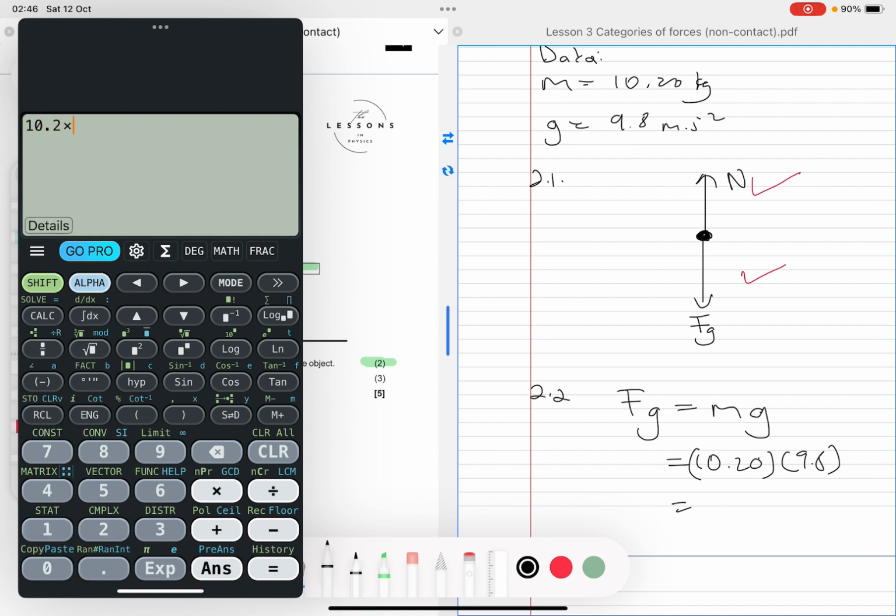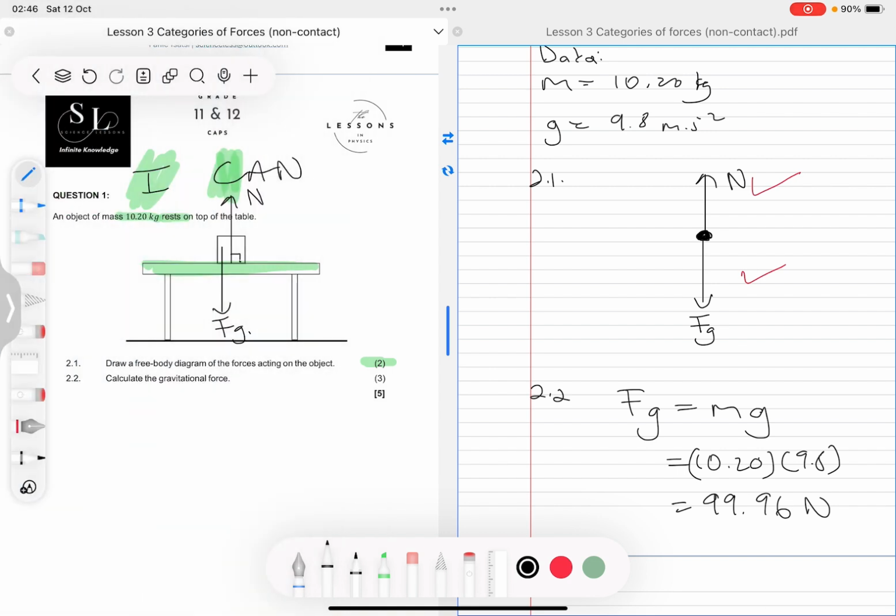I'm trying to do it with my head, so let me just focus on the calculator because I'll waste time now. So this would be 99.96 Newton, right?